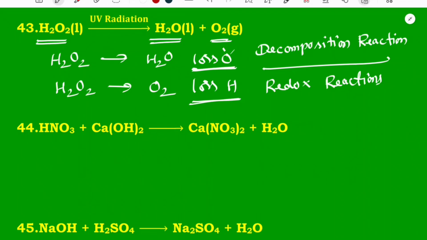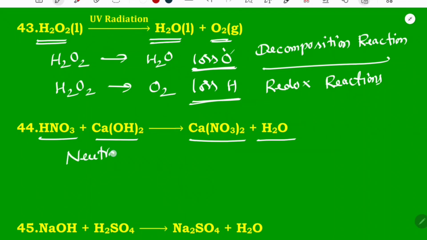So next one. What is this reaction? HNO3, nitric acid, reacts with calcium hydroxide to form calcium nitrate and water. Very simple, this is a neutralization reaction.